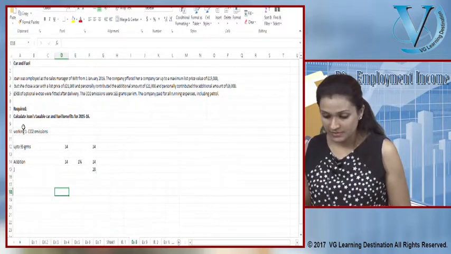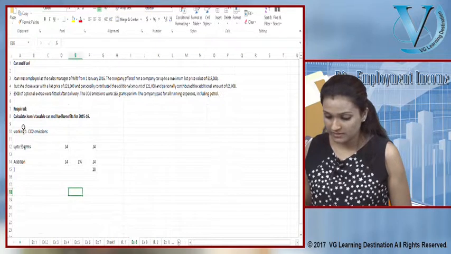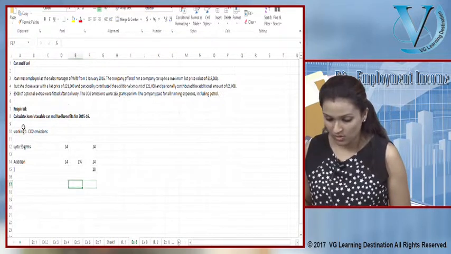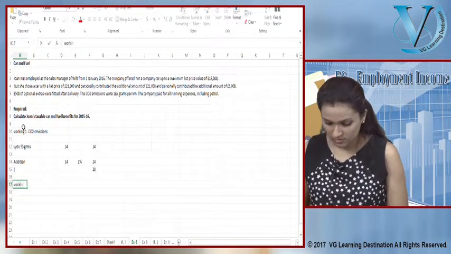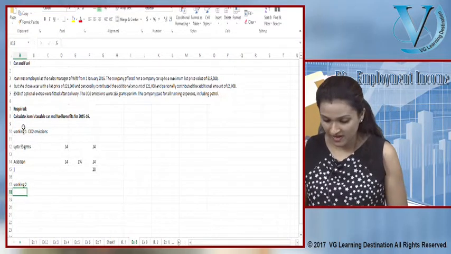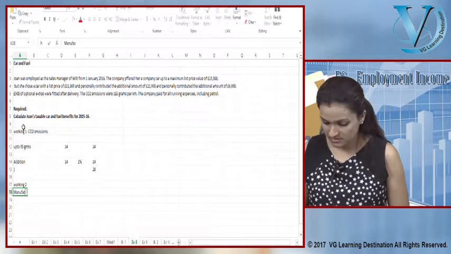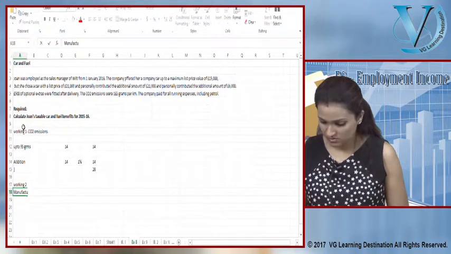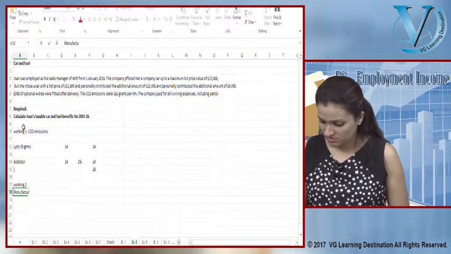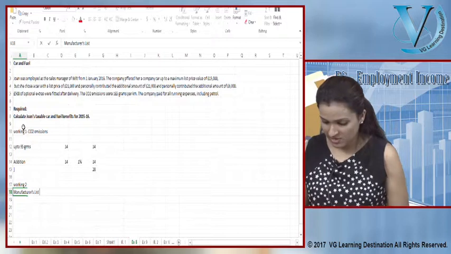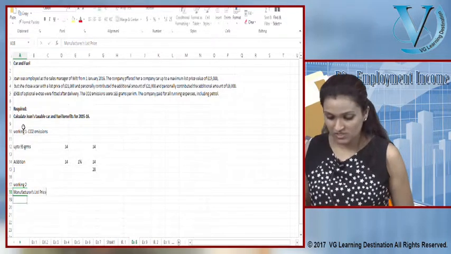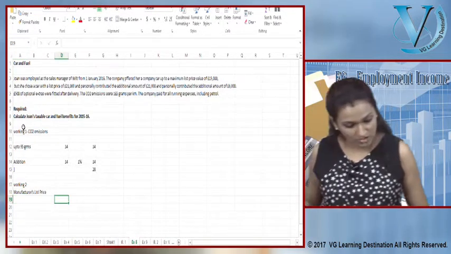Now what else? We need to do another working, working 2, in which we calculate the manufacturer's list price. How much is given to us?